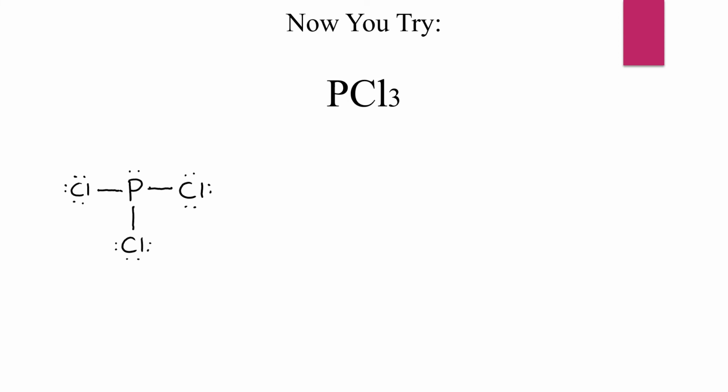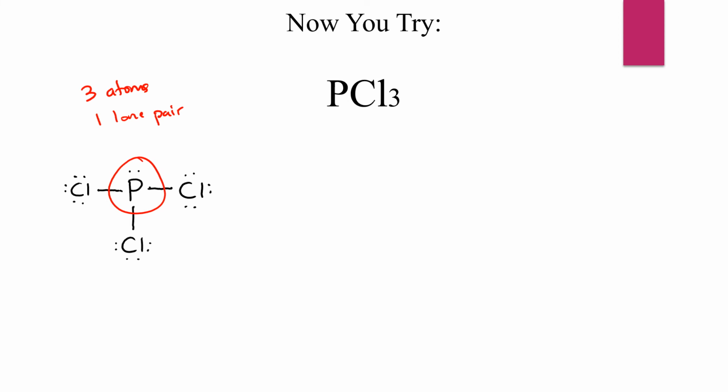Now let's analyze. We take a look at the central atom and label how many atoms are attached to it. And so we have 3 atoms attached to the center, and we have 1 lone pair. This drastically changes the shape from trigonal planar to trigonal pyramidal.